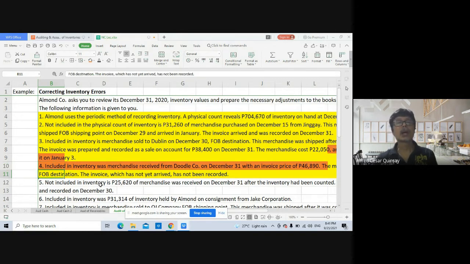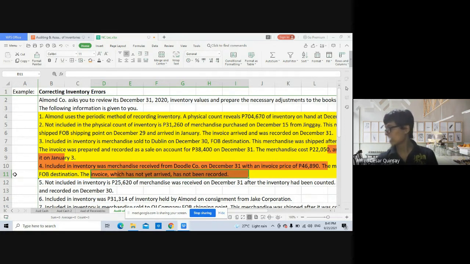However, we have not yet recorded the invoice because it says here dito sa last statement, no? The invoice which has not yet arrived has not been recorded. So we're going to take that up as our adjusting entry. Mamaya, to take up the purchases and the sales, no?